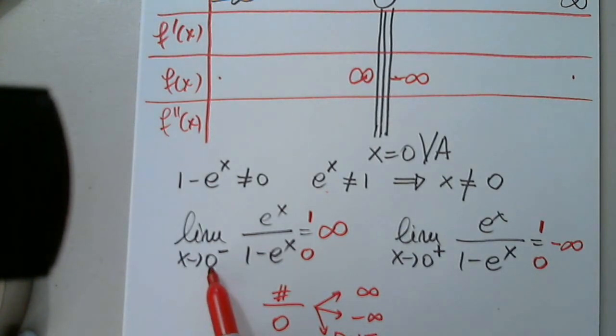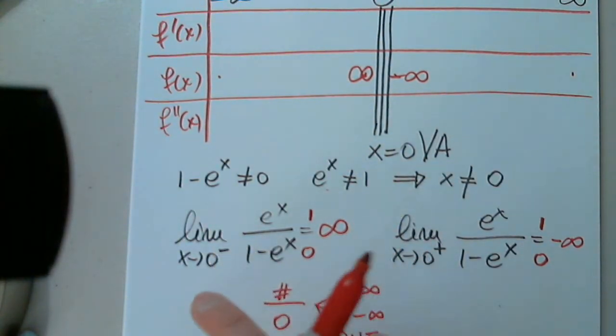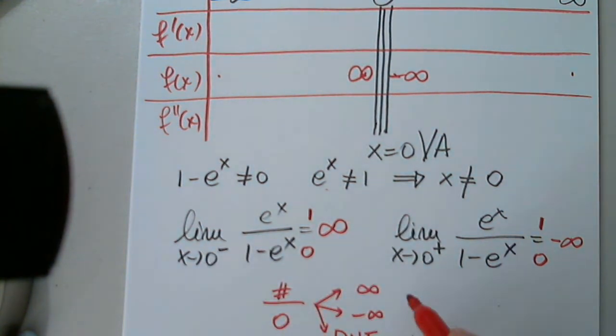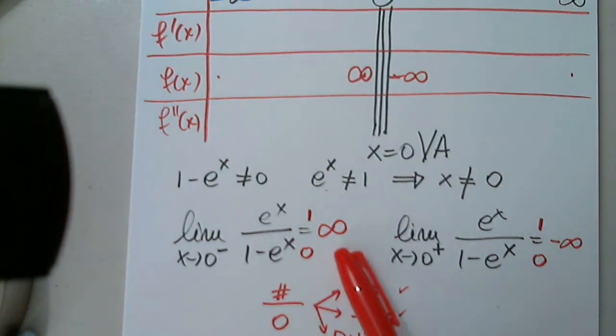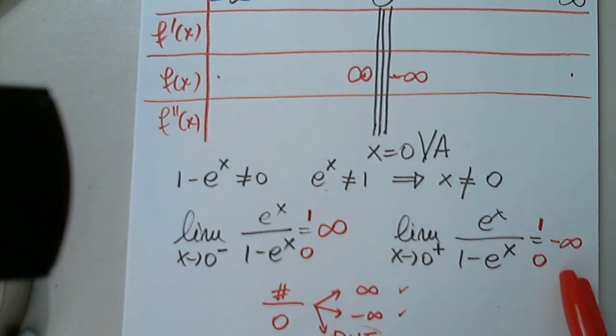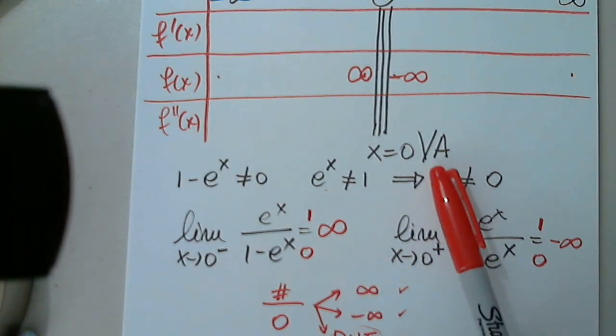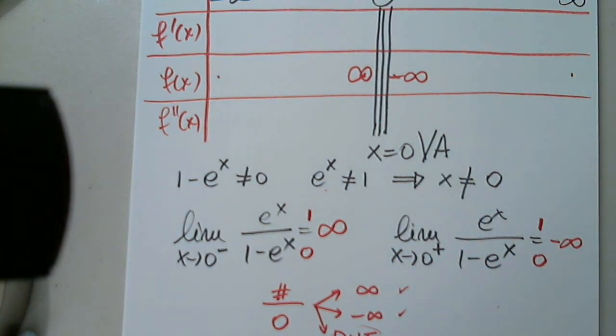So if I have the limit from either side, then I have to analyze these two to draw a conclusion, because they may be the same on both sides, and I cannot write DNE. But when the function is undefined at 0 and at least one of the limits is infinity or negative infinity, this becomes a vertical asymptote.